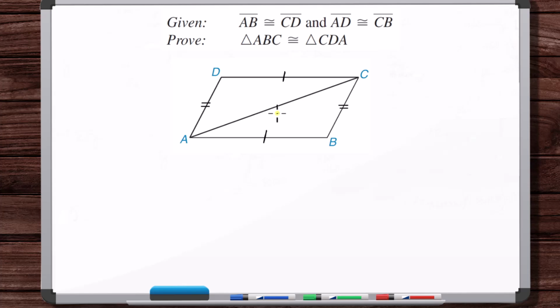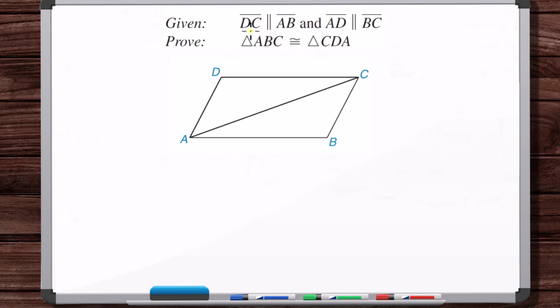Well, we can see that for these two triangles, CA and CA are the same side. So that side is congruent to itself. So we've got side. Triangle ABC is congruent to triangle CDA by the side postulate.